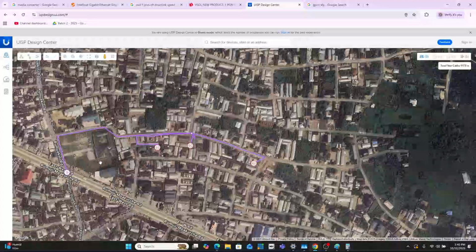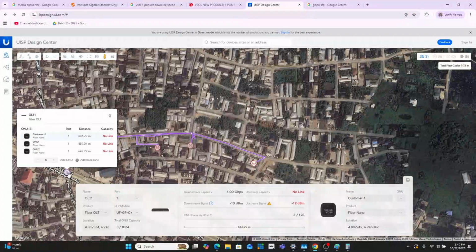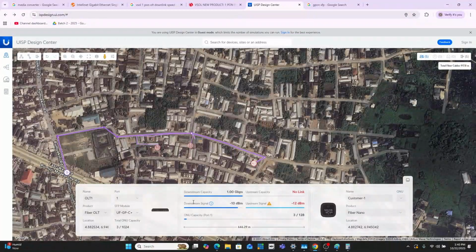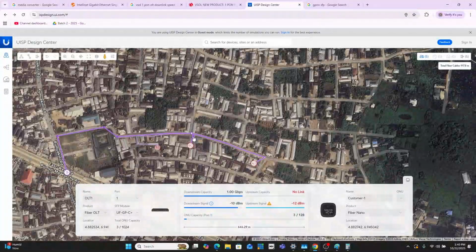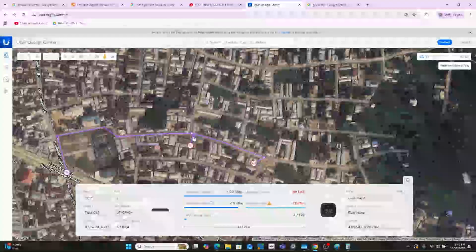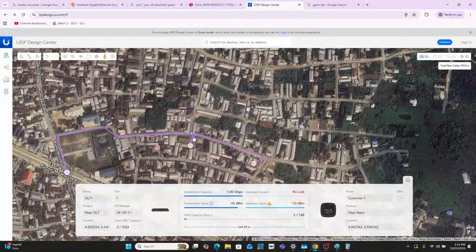The reason is your OLT is shooting how many? +4, isn't it? You've added 1 by 16, which means 1 by 16, by the loss graph, is going to add a loss of 12 dB, right? 12, 13 dB.